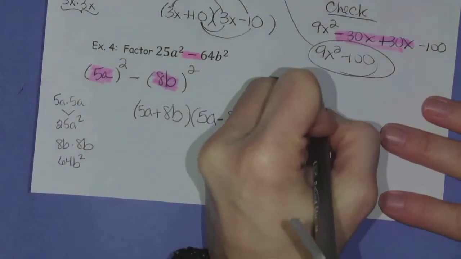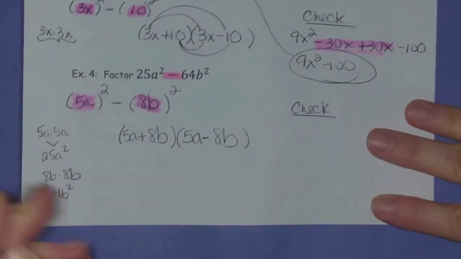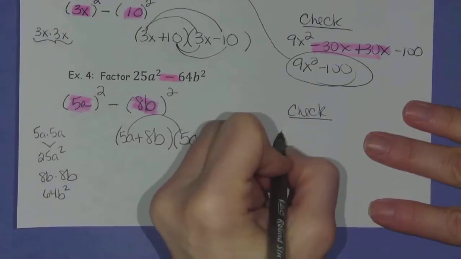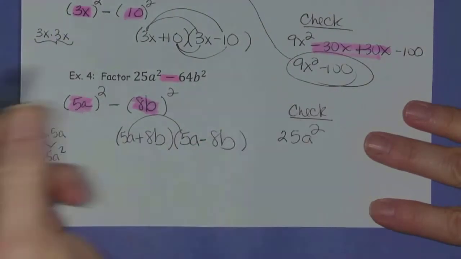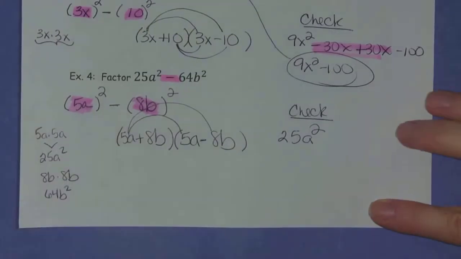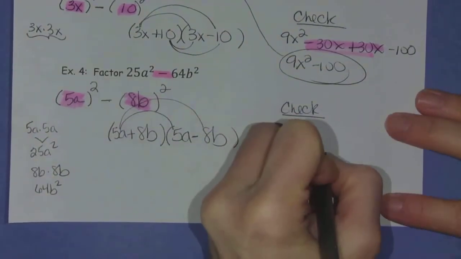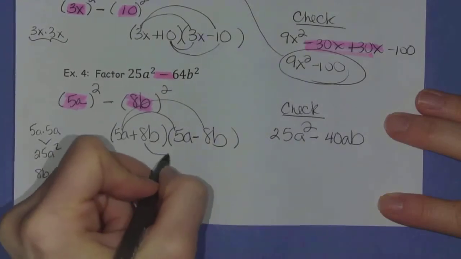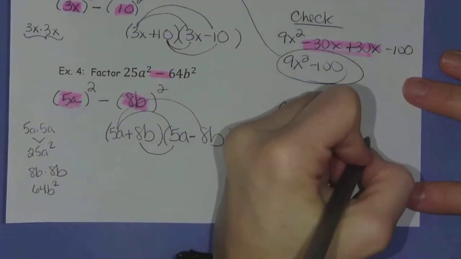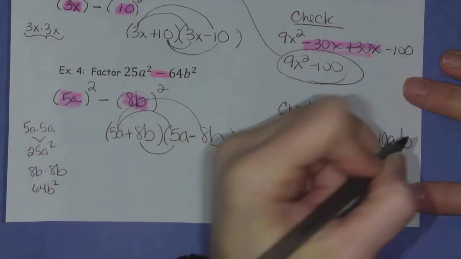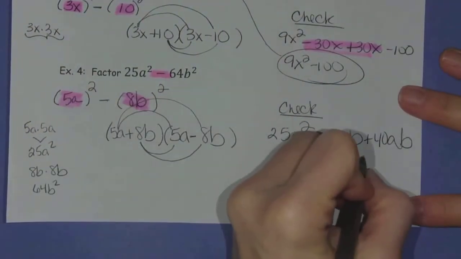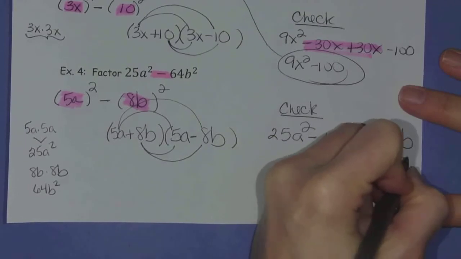My check, 5a times 5a, 25a squared. 5a times negative 8b is negative 40ab. 8b times 5a is positive 40ab. 8b times negative 8b is negative 64b squared.